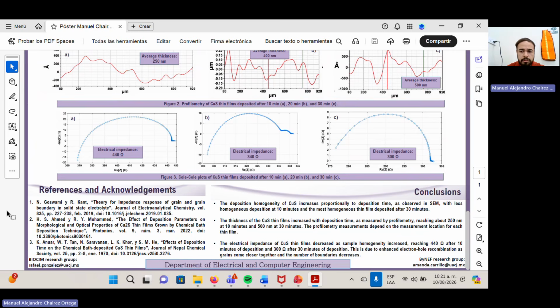So we conclude also that this impedance measurement can lead us to have quantitative results that support our morphological results and make another way to ensure the homogeneous deposition of thin films with electrical impedance results.